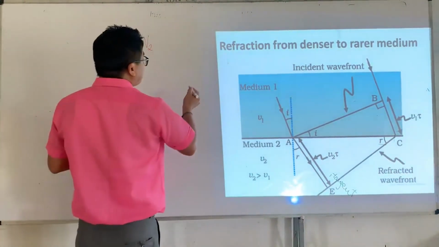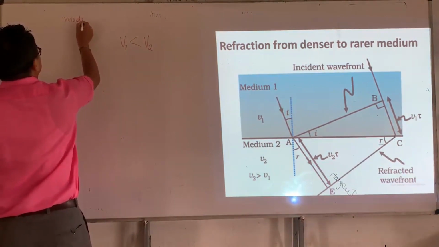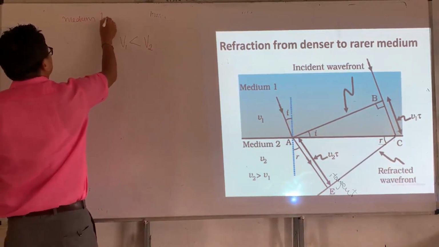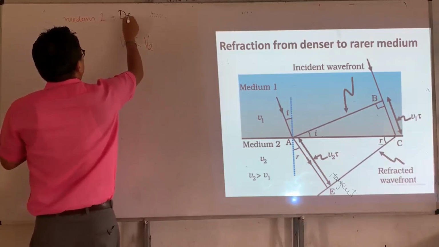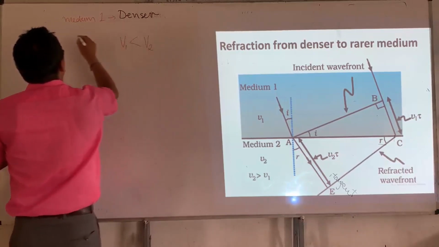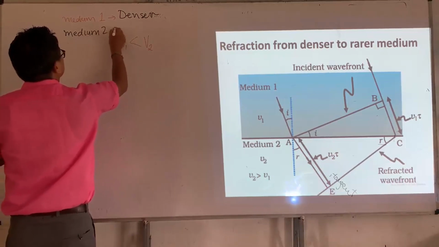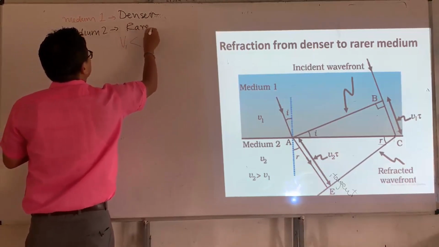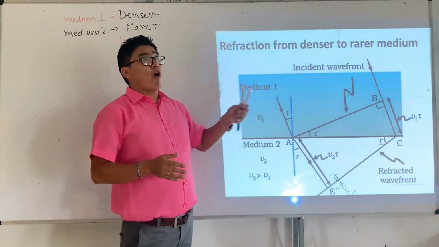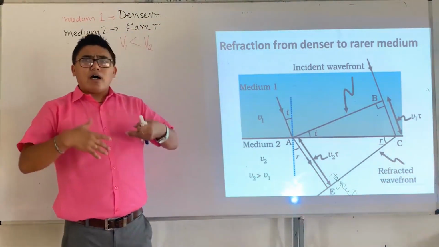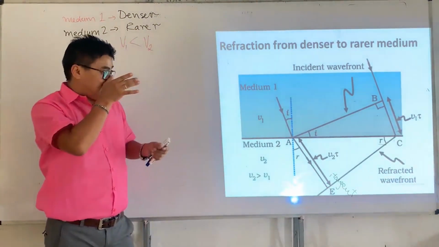Because medium 1 is denser and medium 2 is rarer. And then the bending is away from the normal, and I would like to prove to you how the bending is away from the normal from this expression.